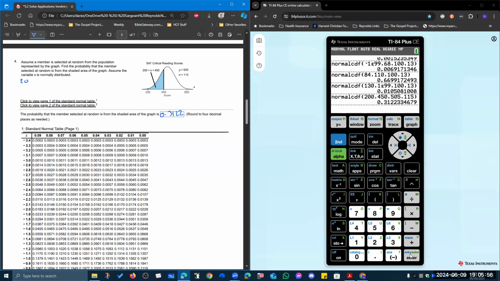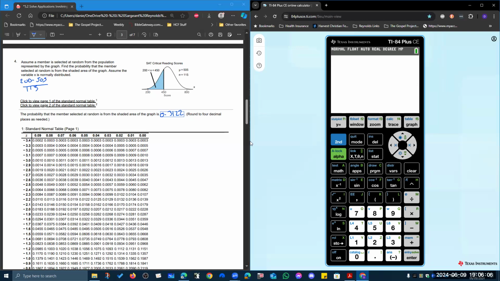So 200 minus 505 over 115. 200 minus 505 divided by 115. And we would have to approximate that. And I'm just going to tell you that I know that MyLab is going to get as exact with the answer as it can.